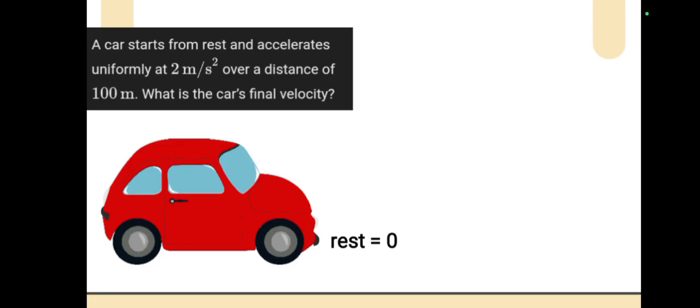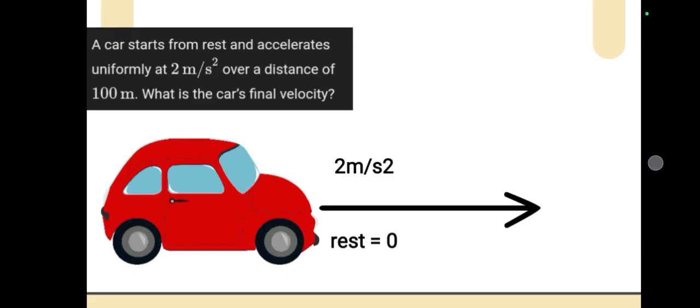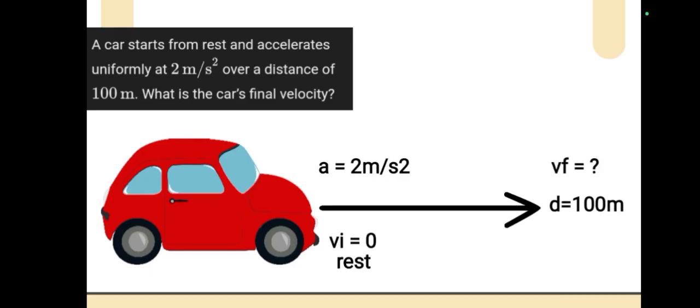Then it starts moving at an acceleration of 2 meters per second squared. That means it is speeding up at a rate of 2 meters per second every second. Now it reaches 100 meters. So with that, after it reaches 100 meters, what do you think is the final velocity?